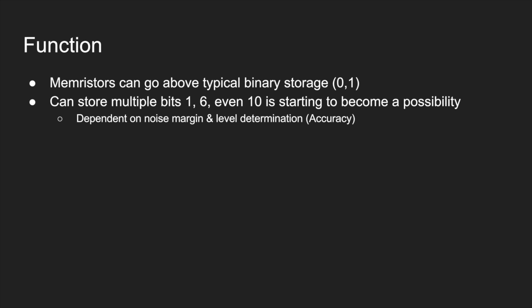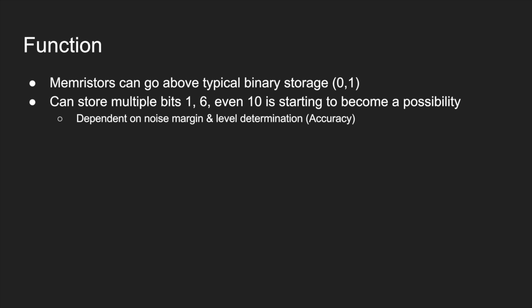So, memristors' function is to store data. Now, the thing is memristors can go above your typical binary storage of 0 or 1. They can store just 1 bit, but they can also store multiple bits. There are 6-state memristors, and they're already looking into 10-state and possibly 16-state in the future, depending on capabilities.